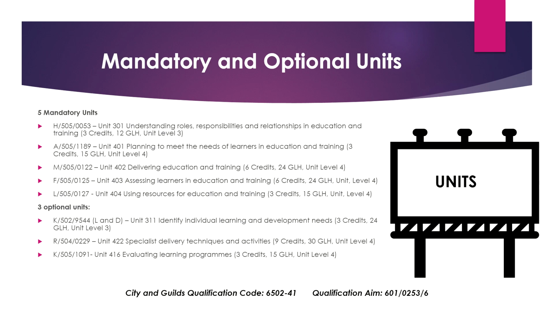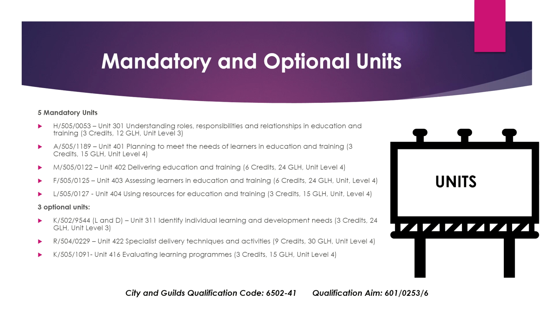Some of them will be cross-referenced and it helps us to meet all the credit count that we require for this qualification. Please have a look again at the qualification code, CET and Guilds, and the qualification code is 6502/41. And there will also be 2 separate documents for the mandatory units and for the optional units.